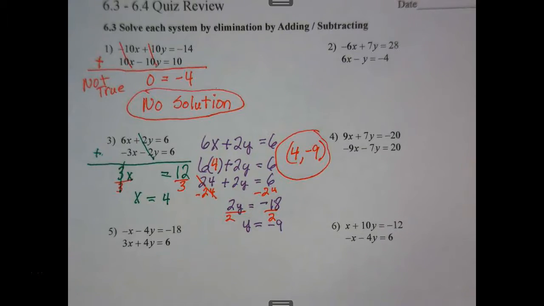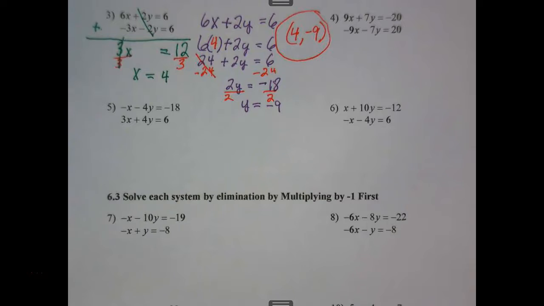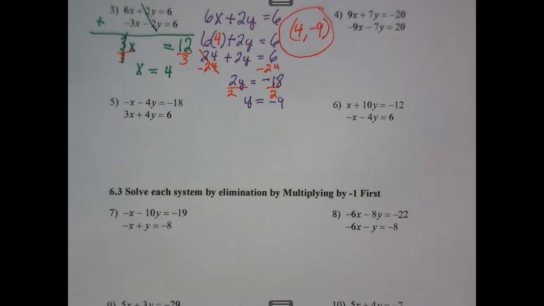Let's keep going. The second part of 6.3, we couldn't just add them, because if you just added them, none of the variables would eliminate. So you had to pick one of them and multiply it by negative 1 first. It doesn't matter which one.